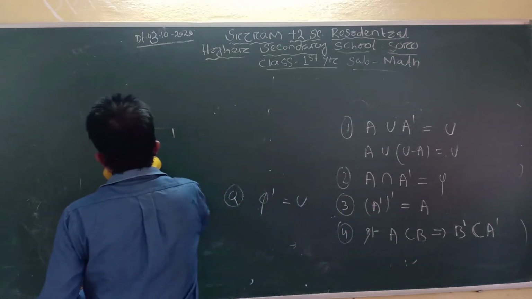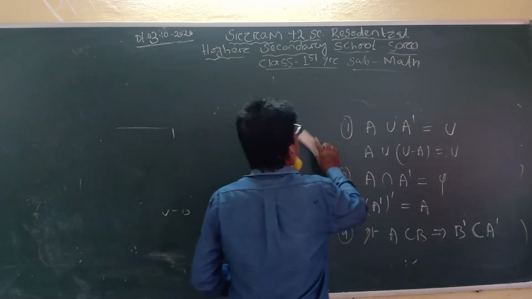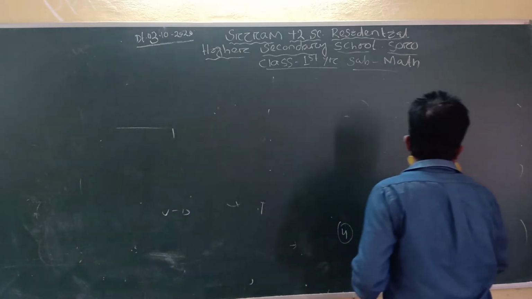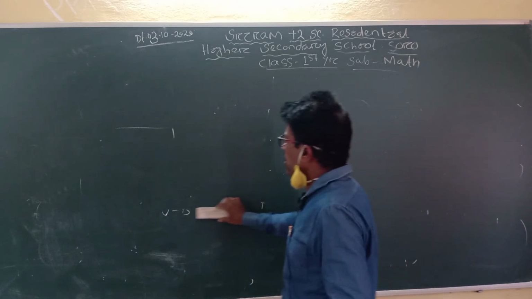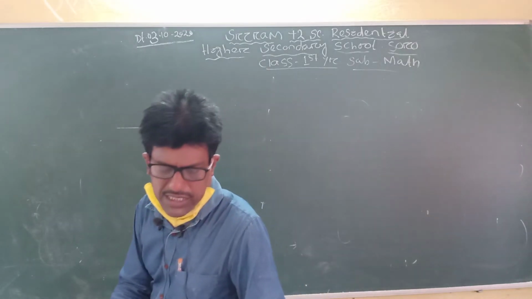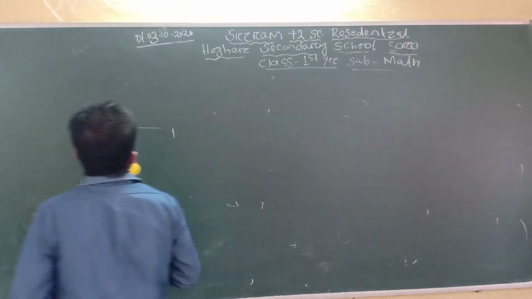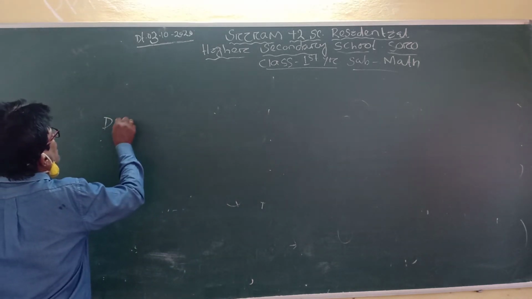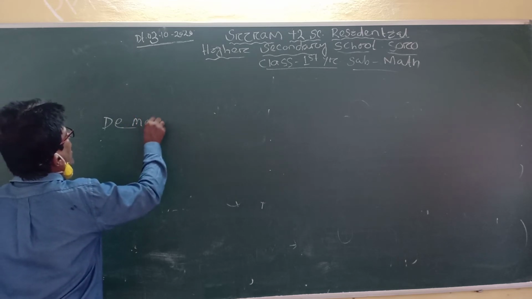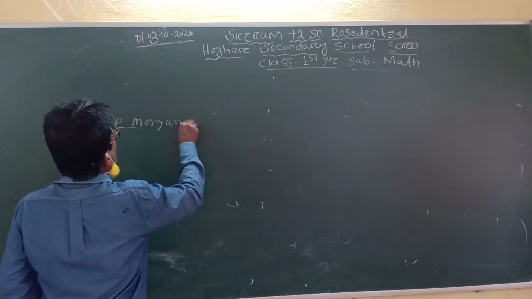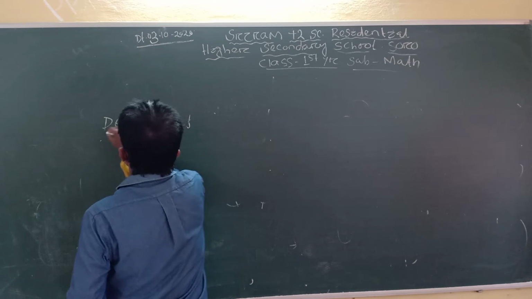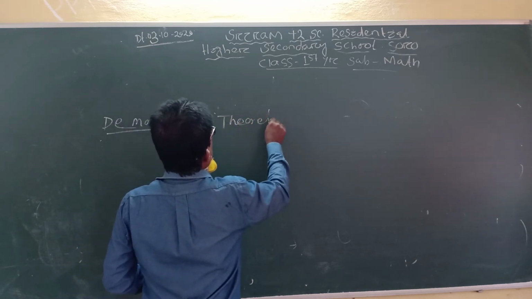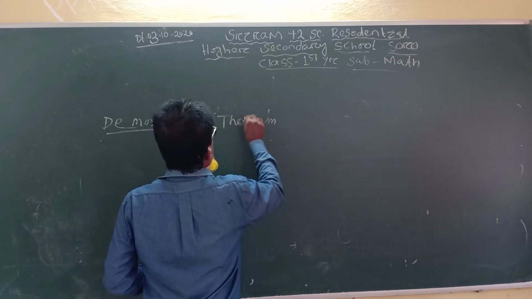At high school level, we took some elements 1, 2, 3, 4 and proved this theorem, De Morgan's theorem. But at college level, some different tricks are used to prove this theorem, De Morgan's theorem.